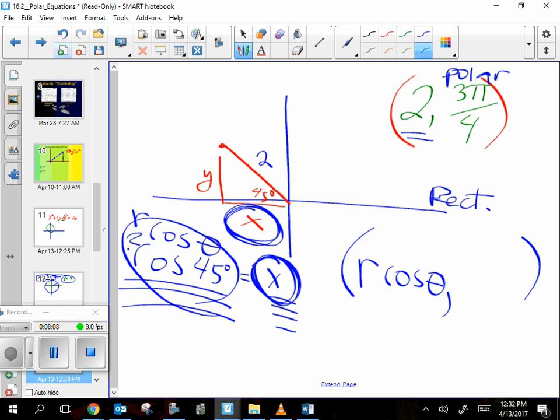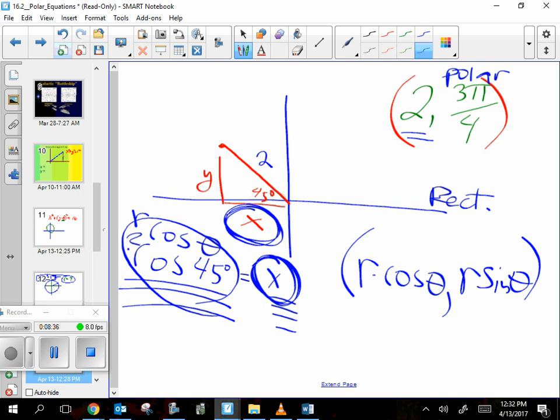If I give you a point, 7 comma pi over 6, you can just automatically go, whatever r was, times cosine of theta, that's x. And take a wild guess what y is going to be. Since x and cosine kind of go together, r sine.